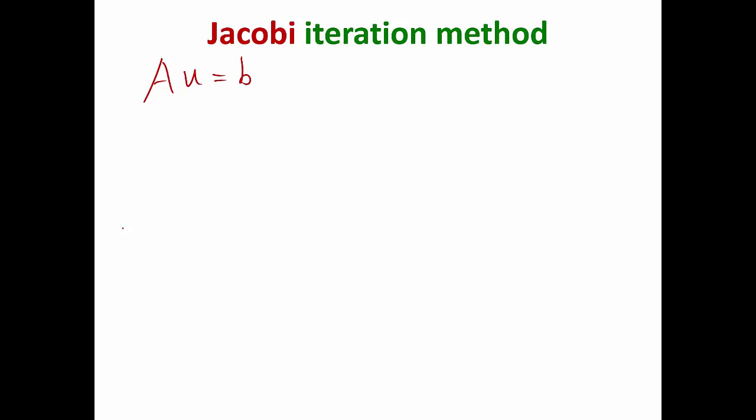So if we have a very sparse matrix like the A we derived at the end of last lecture, the pentadiagonal matrix, it is sparse in the sense that the non-zero entries in the matrix are much, much fewer than the zero entries.